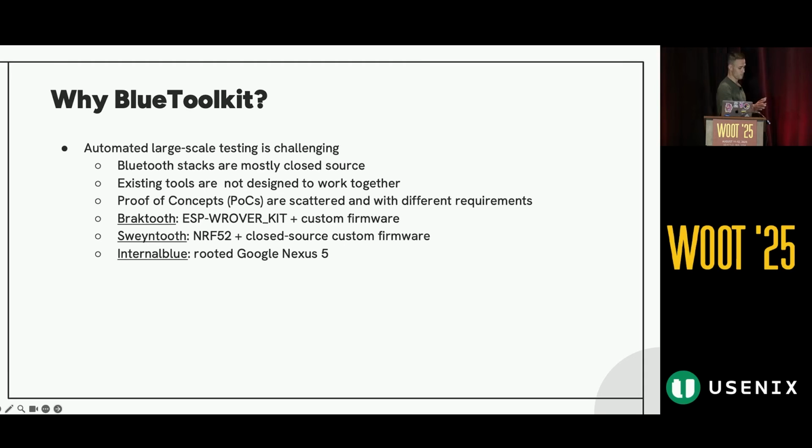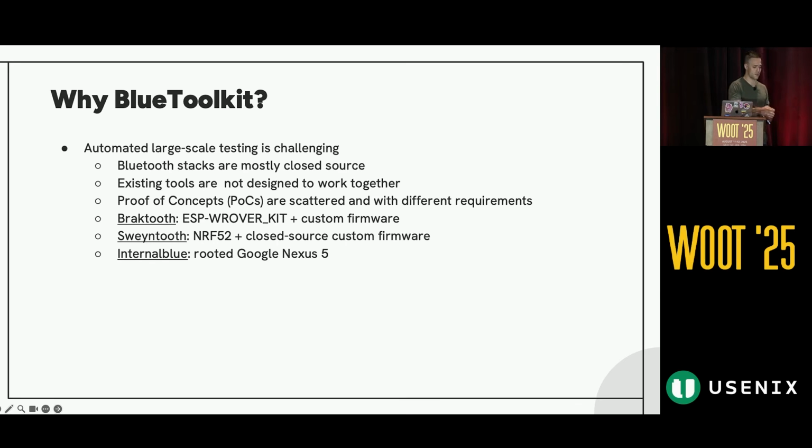Also, existing tools for testing and the proofs of concept used in these tools are scattered. They do not work together, and they sometimes require different, specific hardware. For example, Braktooth, Sweyntooth, and InternalBlue are three collections of tools, but also proofs of concept of the actual exploits.